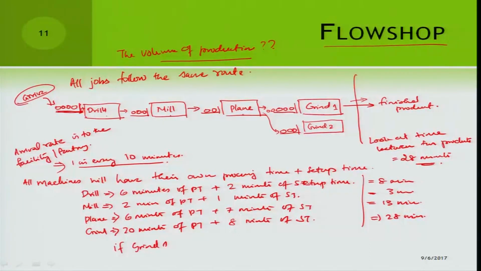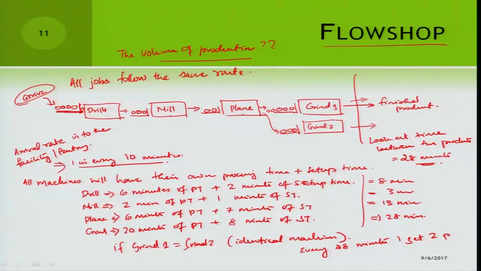If grind 1 equals grind 2, meaning identical machines, then every 28 minutes I get 2 parts, or 1 part in 14 minutes.